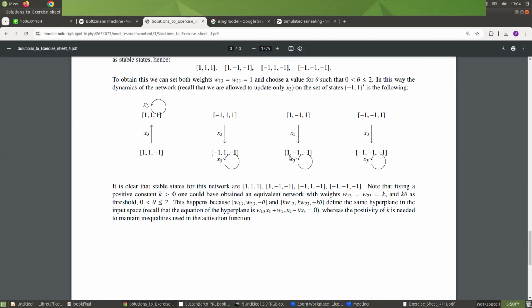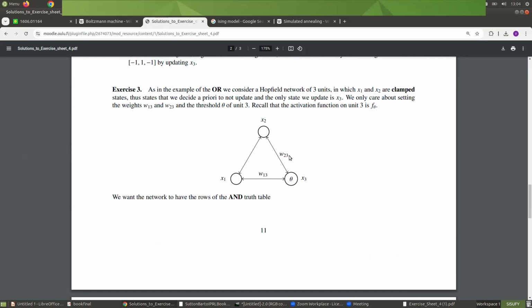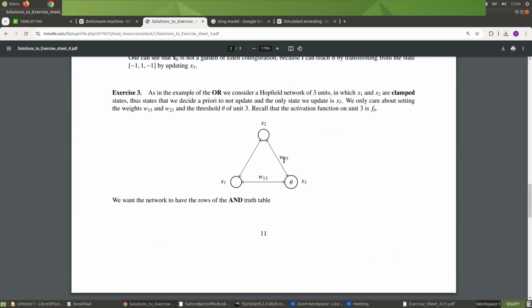I don't see where the weights are defined here, but let's just have this equal to 1 and then the threshold equal to 2. So if these are both 1, then this will activate. If not, then it will not activate. And so it will work just like a normal perceptron.